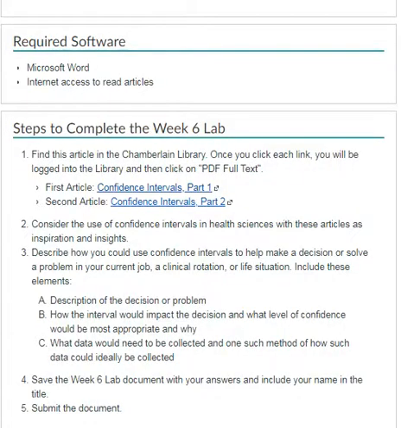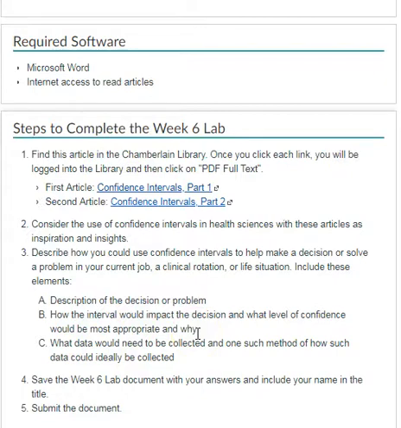So really what you're doing in this lab is coming up with your own example of a scenario or situation where a confidence interval could be used to help make a decision or solve a problem. So you're going to start off with just describing that decision or problem. And then part B is how would the interval help solve that problem or help make that decision, and also what level of confidence would be the most appropriate and why.